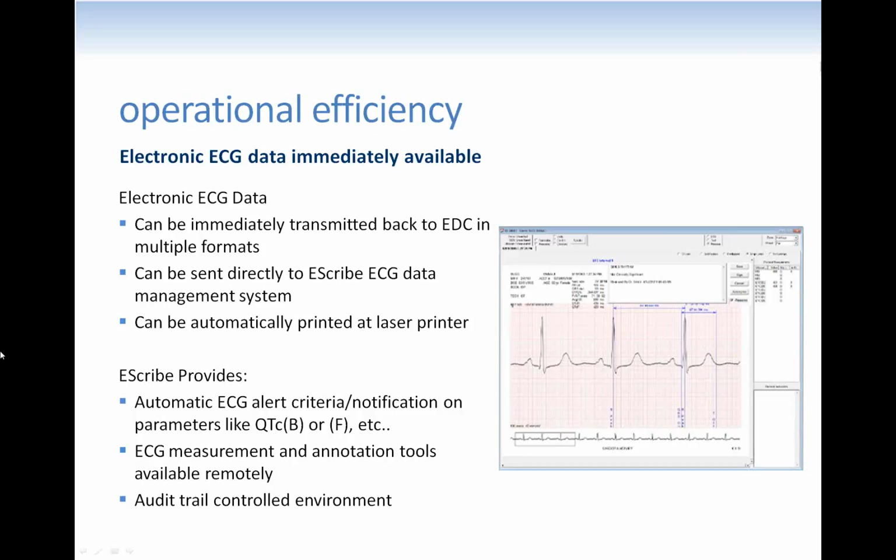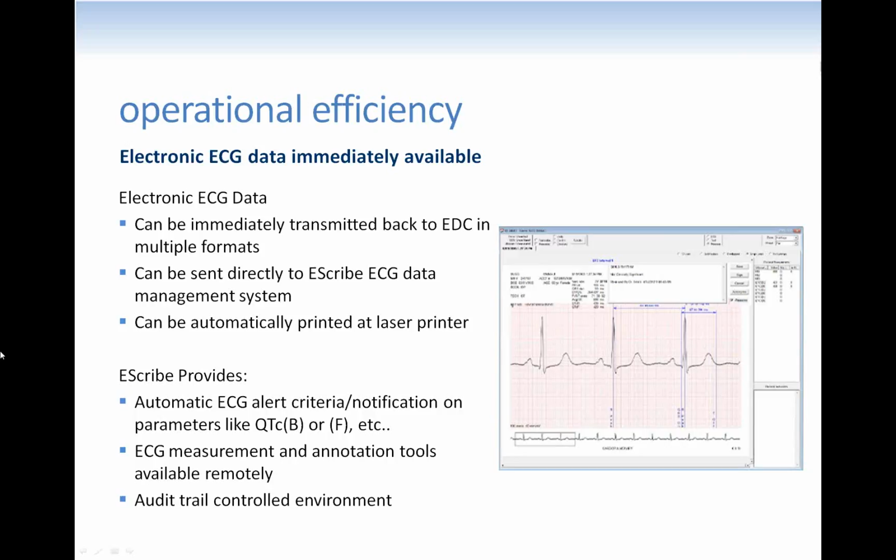The electronic calipers, as you can see on the screen there, can be placed on an ECG as soon as the ECG is transmitted from the Surveyor system into the eScribe system. And the interpretive statements and the overread that the site would like to do, the clinical pharmacology unit would like to do, can be done right on screen within an audit trail controlled environment at the CPU, and can be signed off within the eScribe system.